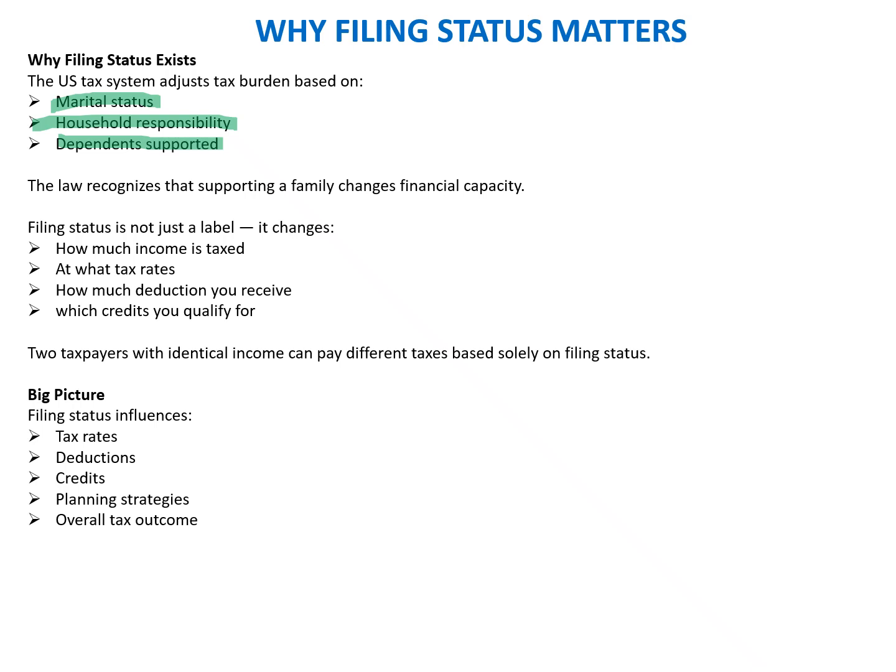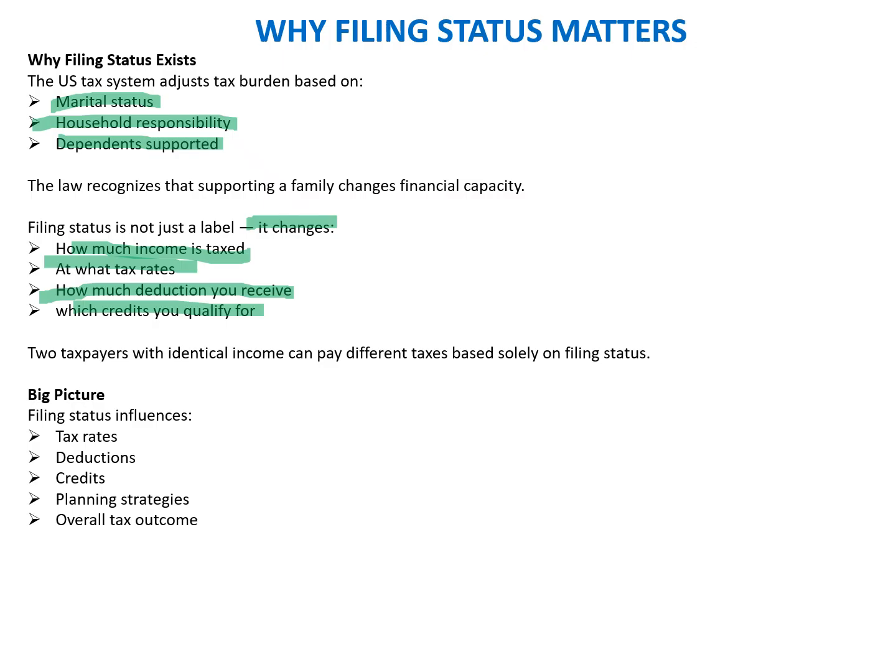Filing status is not just a label; it changes how much income is taxed, at what rate it is taxed, how much deduction you can receive, and which credits you qualify for. So the conceptual understanding of filing status helps determine the tax brackets, the standard deduction, the total tax credit an individual qualifies for, and the total tax consequences.